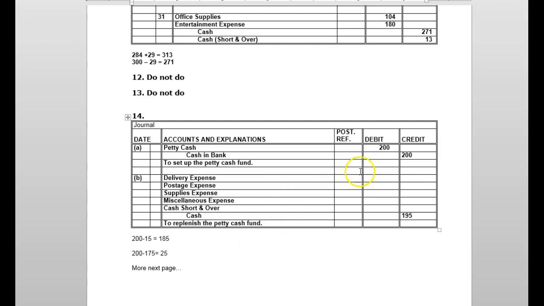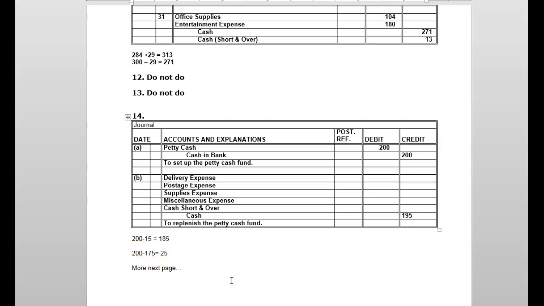But there's $175 here, and if I take $175 minus my $200, I should have $25 left in my petty cash, but all I have is $15. That means I'm short $10.